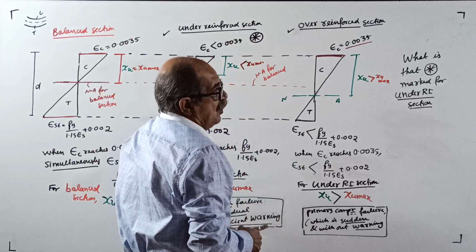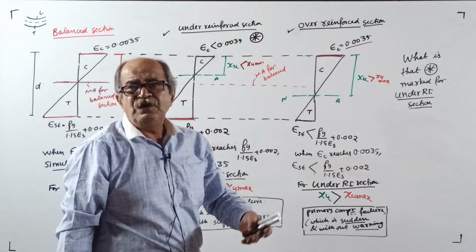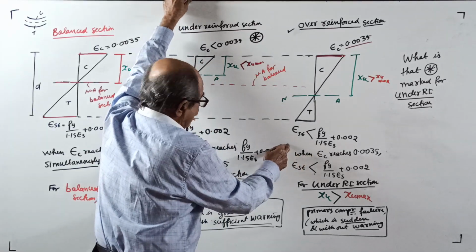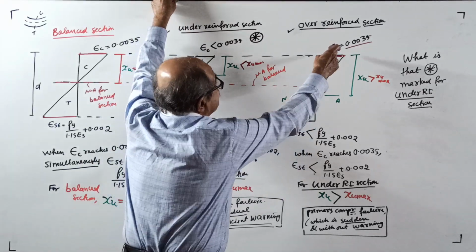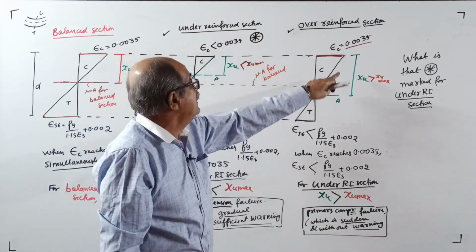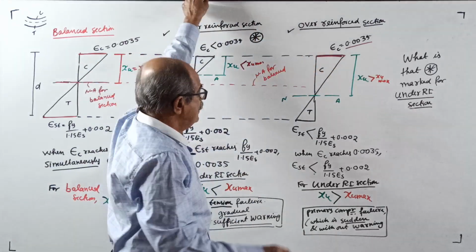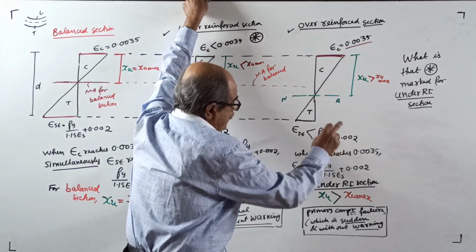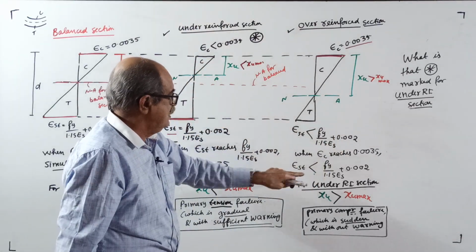When you provide more steel, the centroid will shift towards that side. Now, for over reinforced section, when strain in concrete in compression, the extreme fiber maximum strain, reaches 0.0035, strain in steel will be less than Fy by 1.15 ES plus 0.002.